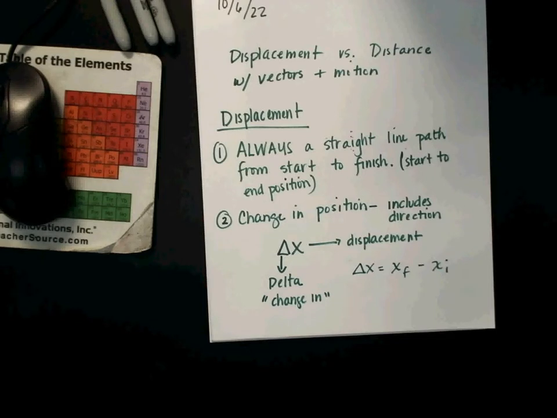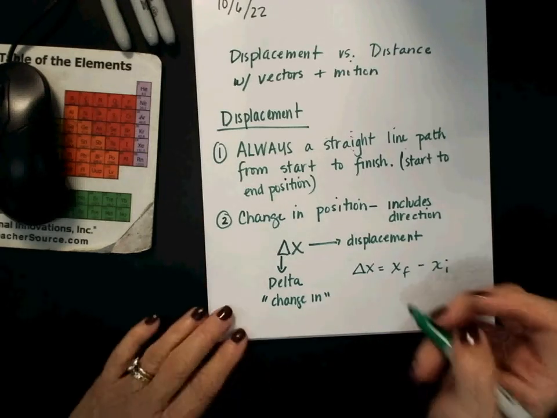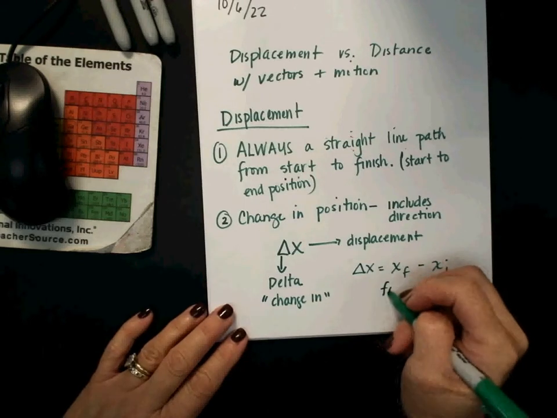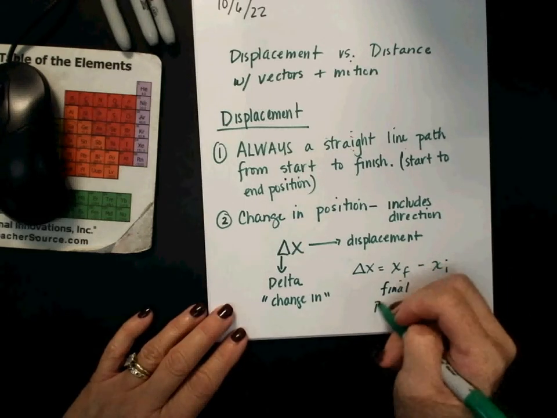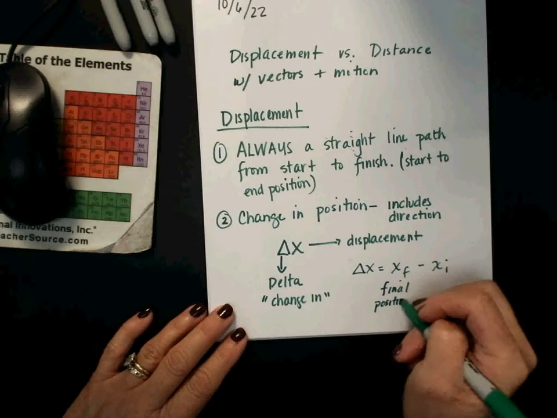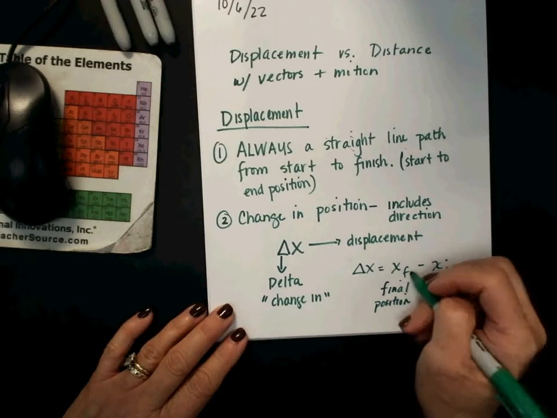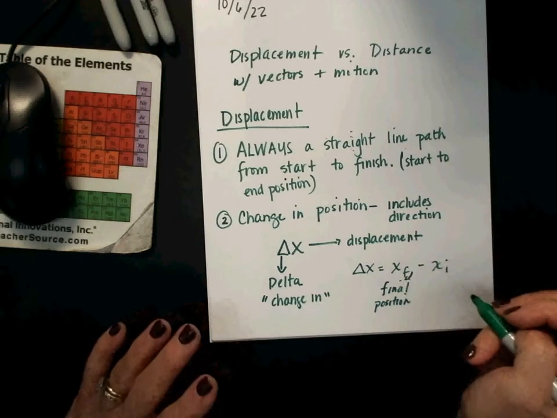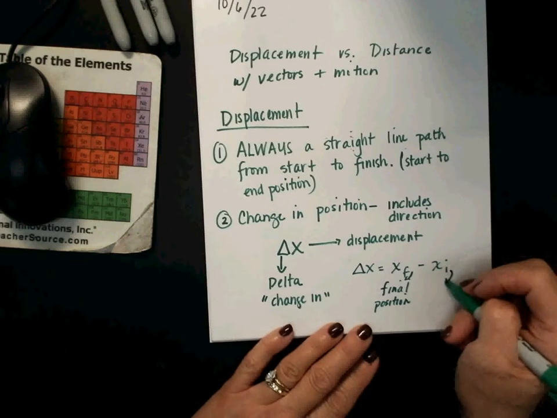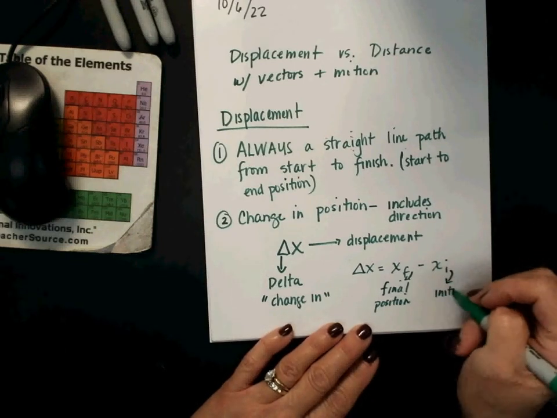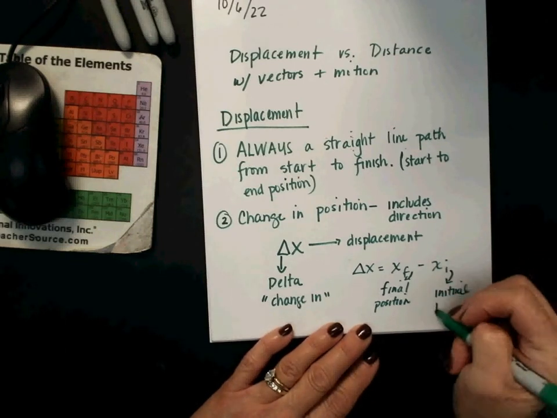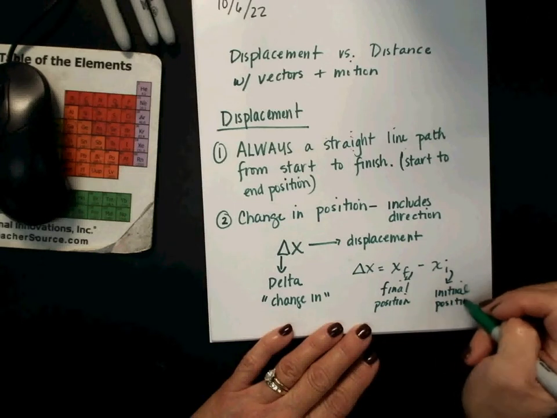Finish. What's another word for finish? Final. Final's a little shorter. We'll use that. So this is final position. And in physics, f always stands for final when it's a subscript, and i always stands for initial when it's a subscript.